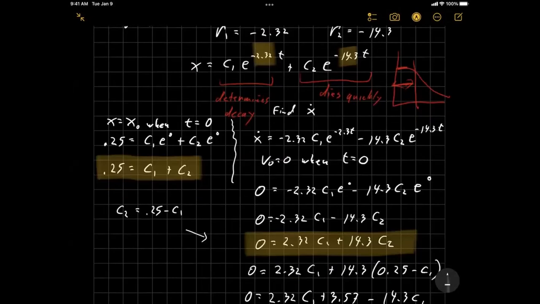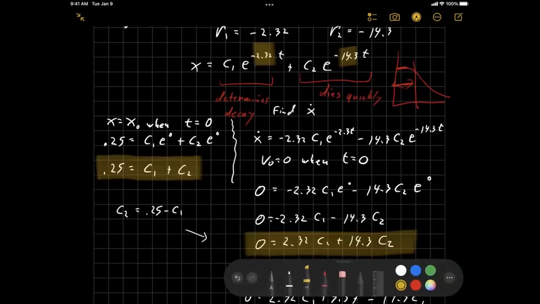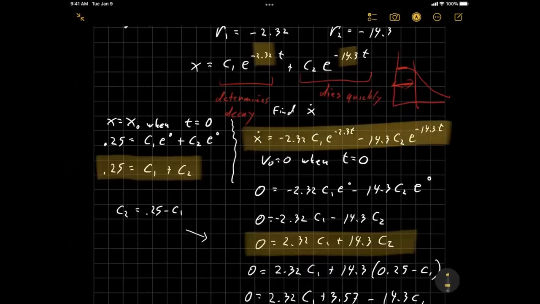Then we had to take the derivative in order to use that V naught was 0 when t equals 0. We needed an expression that would allow us to set V naught equal to 0, so that required taking a derivative. That gave us two equations to solve for two unknowns. So that's how you do an overdamped problem.